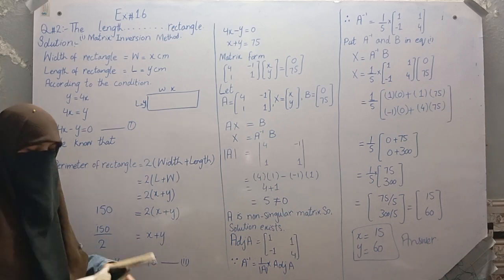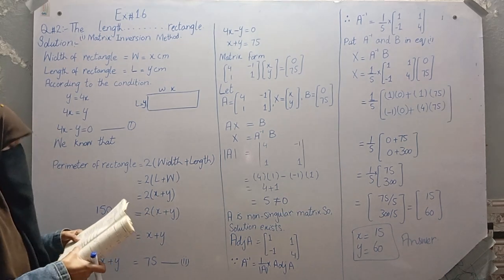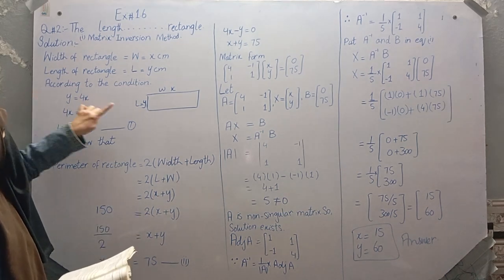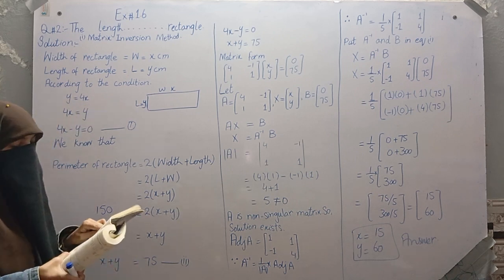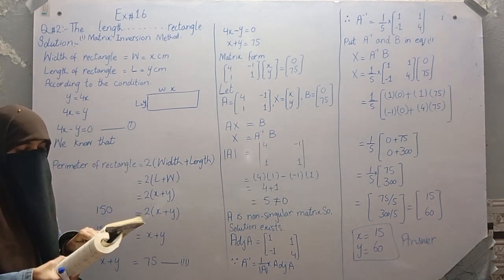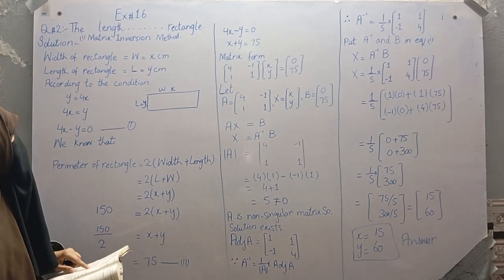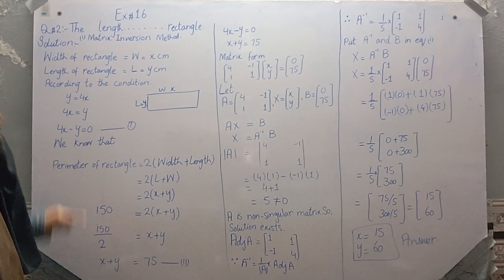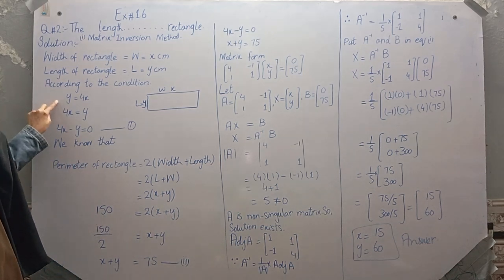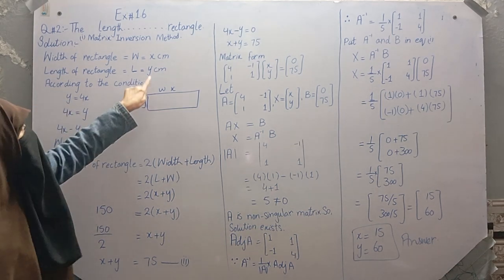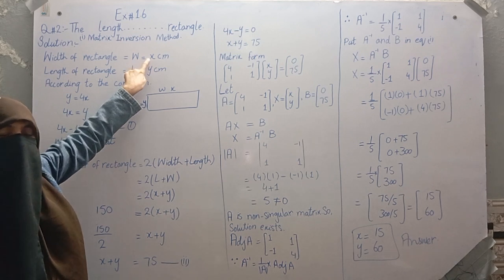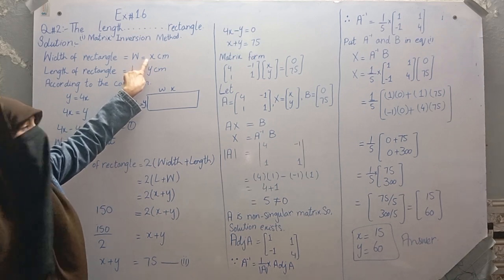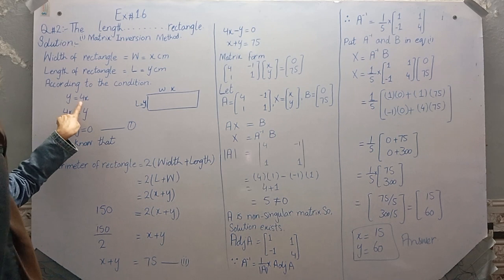Now I read the statement again. According to the condition, the length of the rectangle is 4 times its width, meaning y is the length, and it is equal to 4 times x, so y is equal to 4x.